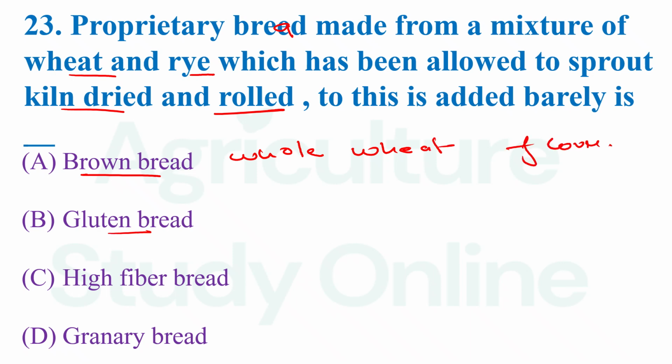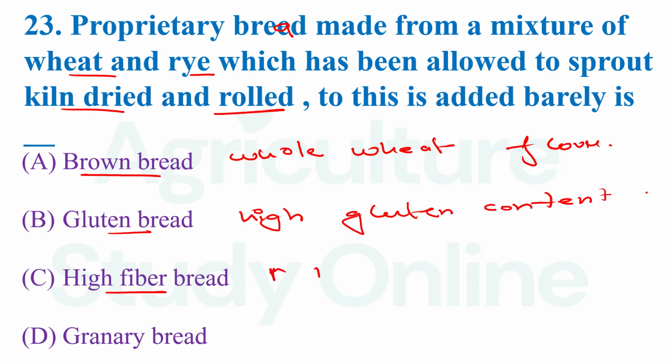Gluten bread means it has high gluten content, so it's not related to sprouted or clean dried. High fiber means high fiber content is there. Granary bread. So the correct option is option D, that is granary bread.